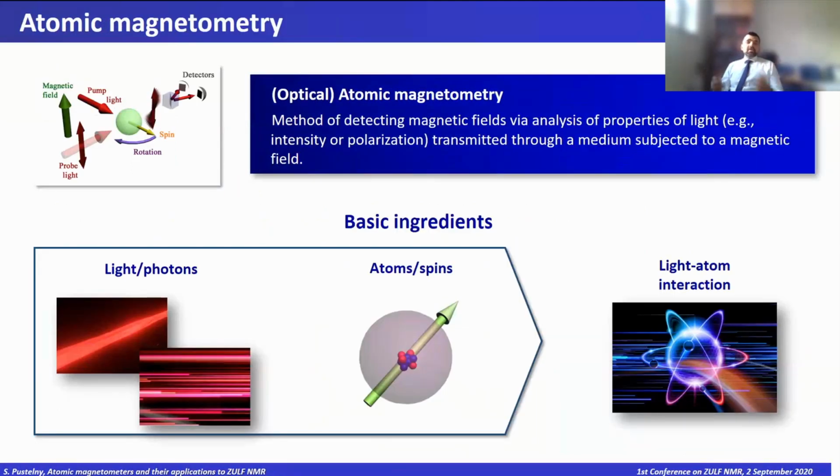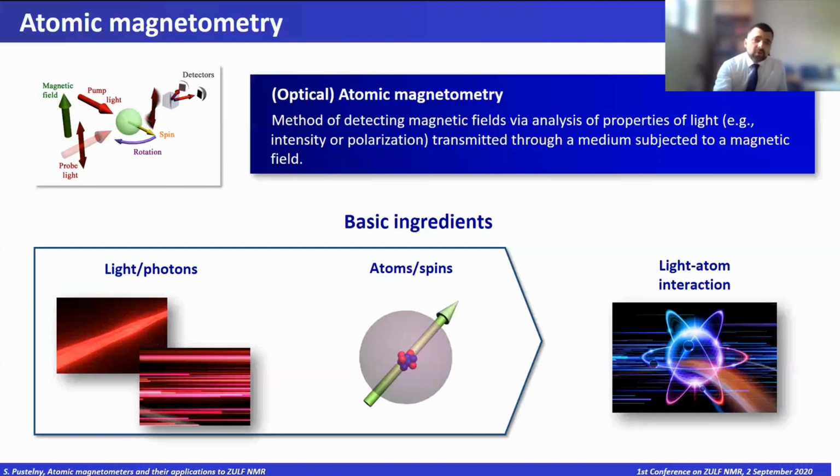So what is an atomic magnetometer, sometimes called optical magnetometer, sometimes called optically pumped magnetometer? This is actually a device that measures magnetic field by investigation of properties of light that is transmitted through a medium that is subjected to the magnetic field.